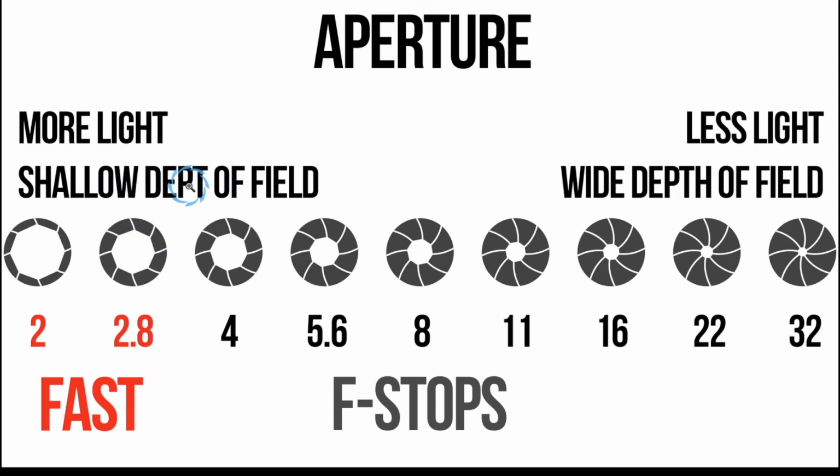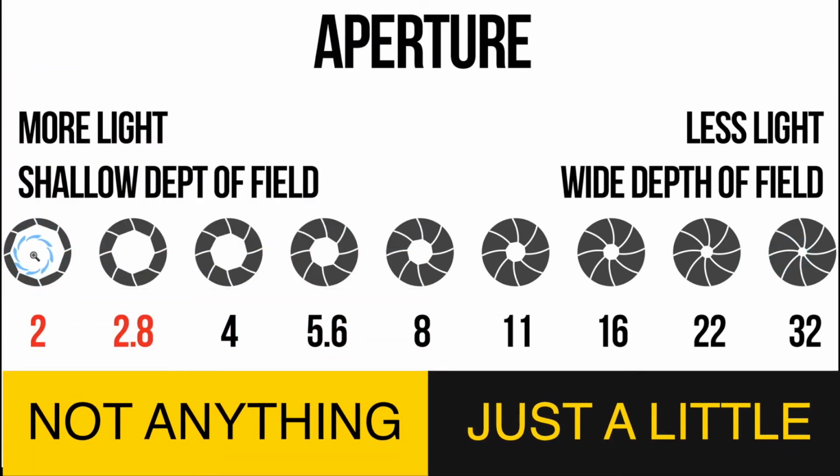Here is going to be a shallow depth of field, and here is going to be a wide depth of field. Depth of field has to do with how much is in focus before and after the subject that you're focused on, in front of and behind. Here, you're going to have a lot in focus, and here, you're not going to have anything in focus.